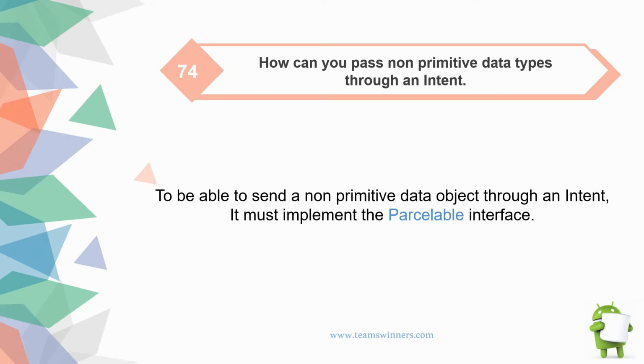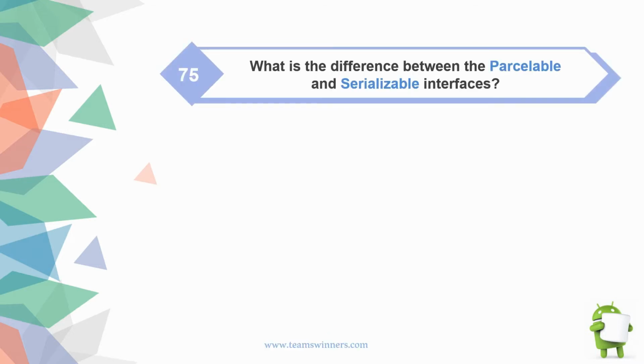How can you pass a non-primitive data type through an intent? To be able to send a non-primitive data object through an intent, it must implement the Parcelable interface. What is the difference between the Parcelable and Serializable interfaces?